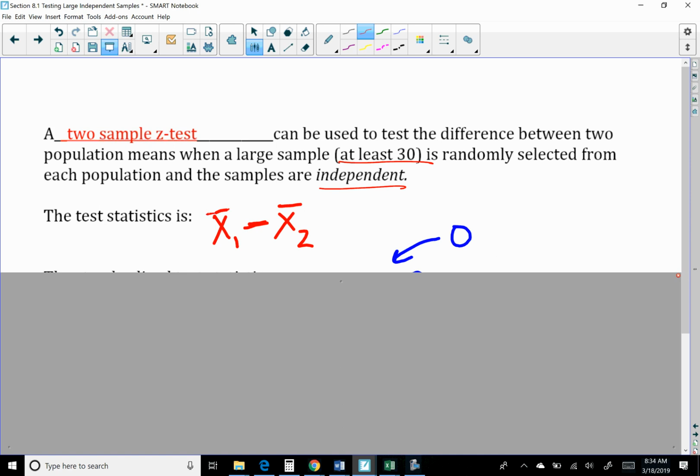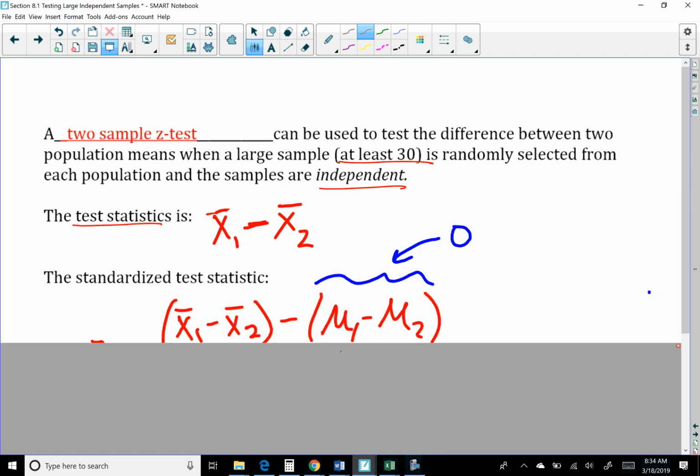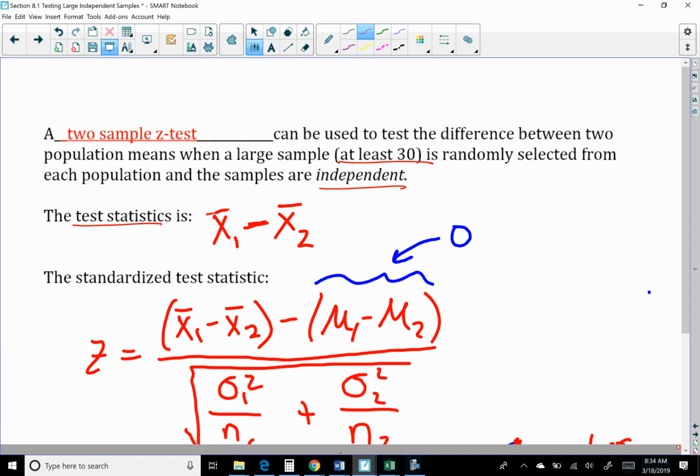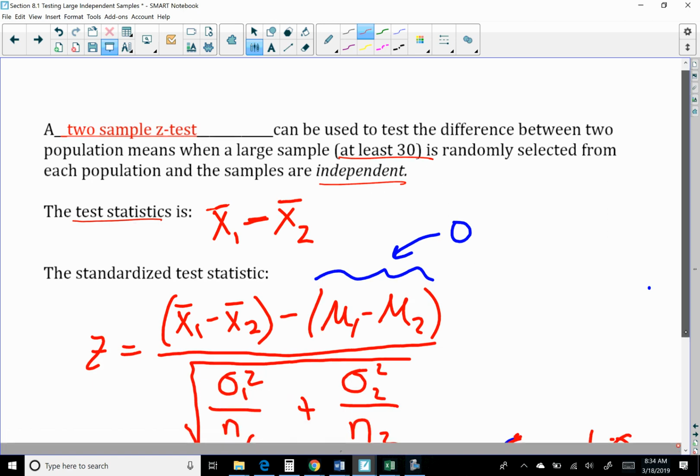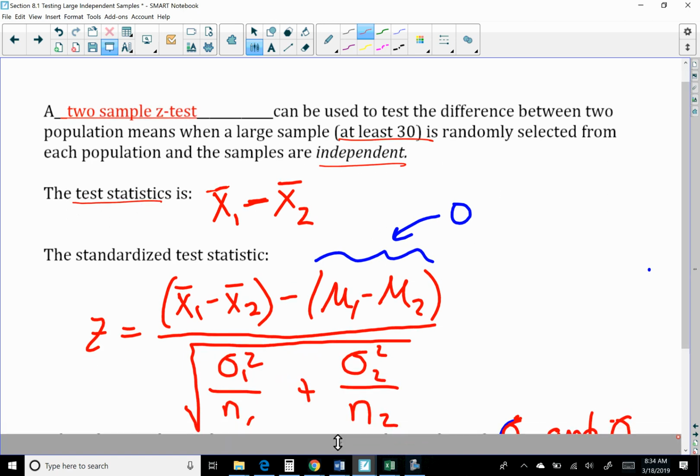Okay? That is your test statistic. Your standardized test statistic is z equals the test statistic, which is x bar 1 minus x bar 2, minus mu1 minus mu2.